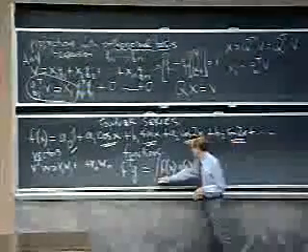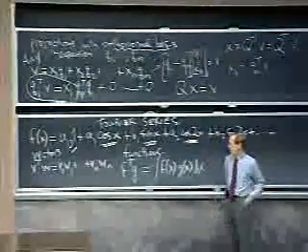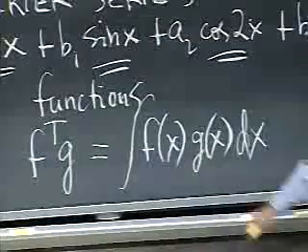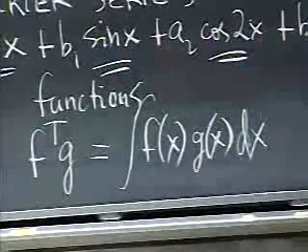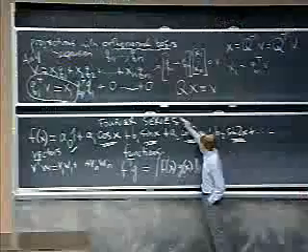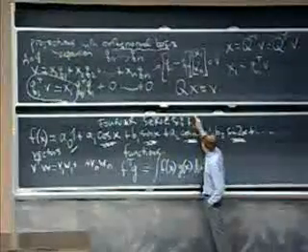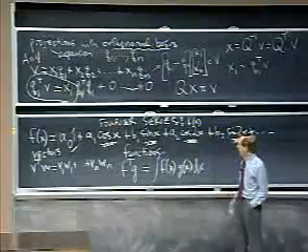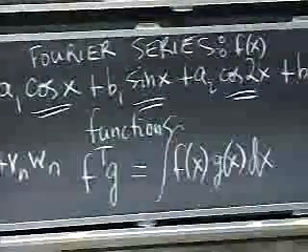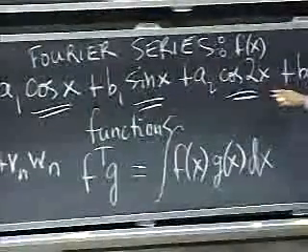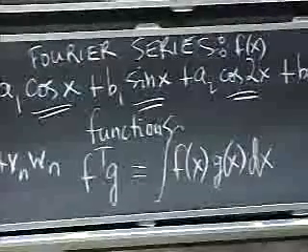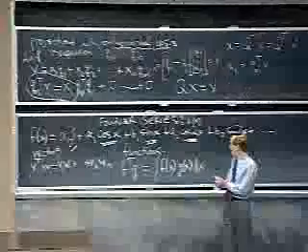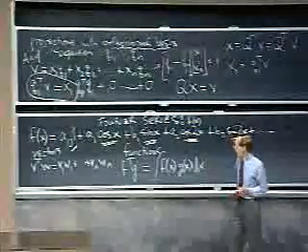Now I have to say, well, what are the limits of integration? For this Fourier series, if that right-hand side is going to be f of x, all those sines and cosines are all periodic with period 2 pi.